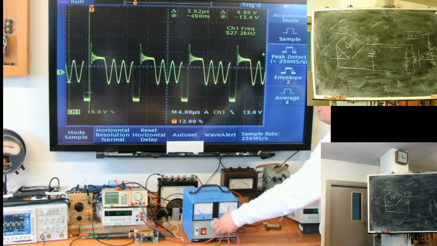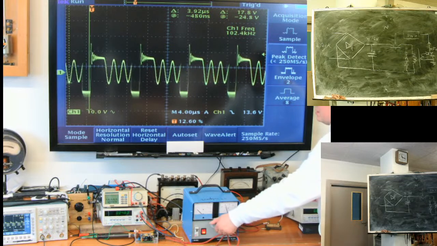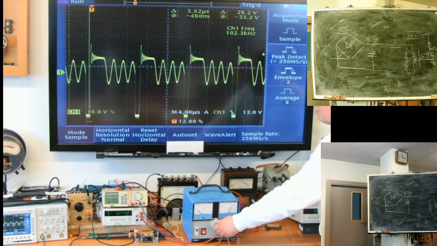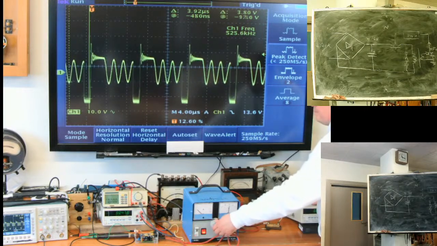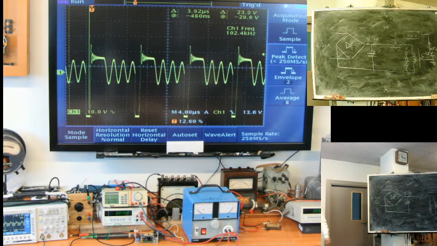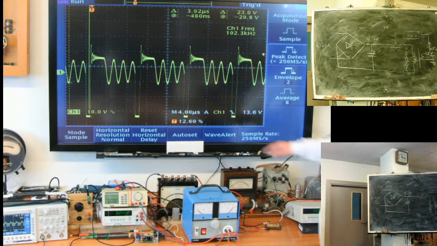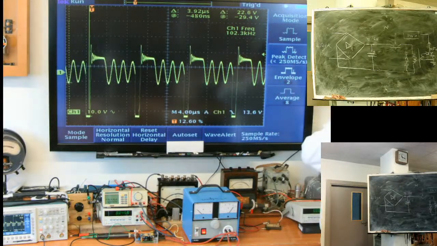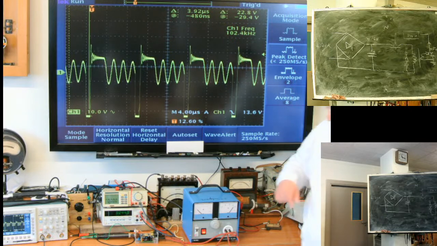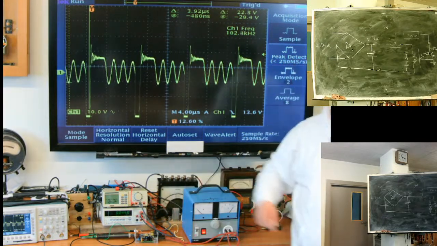At higher voltage, the pulse narrows. You see? That's how a pulse width modulator works. The width of the pulse changes to keep load voltage constant.